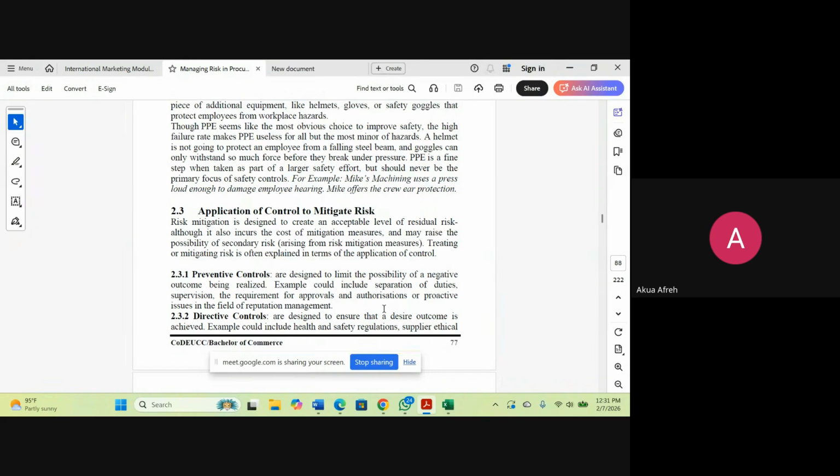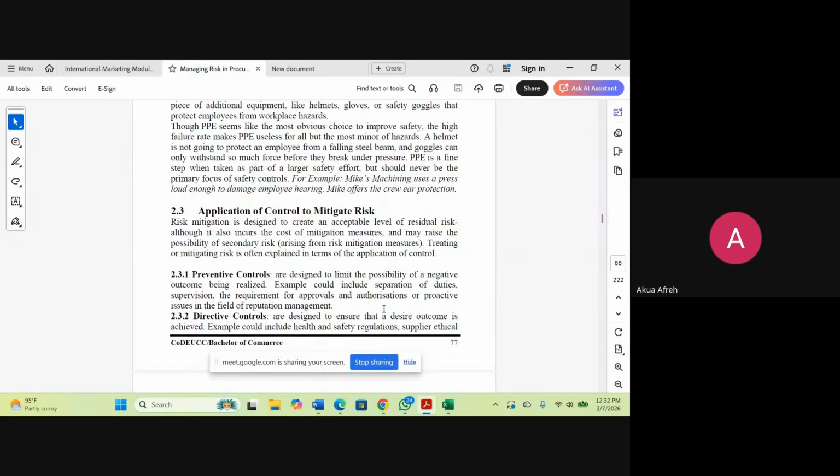Then how do we apply those controls to mitigate risk? So here we are talking about types of controls used in risk mitigation.